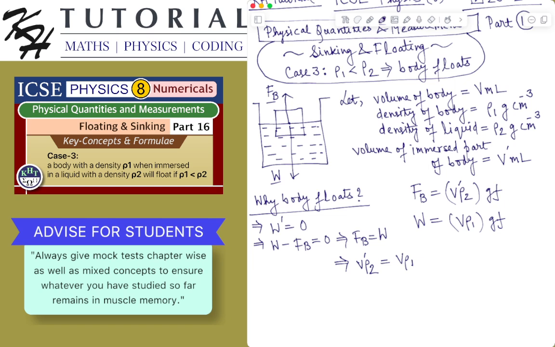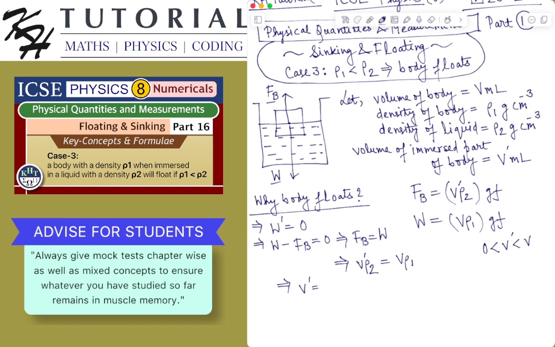Now, can this be true, when we know that ρ1 is less than ρ2? And of course, V dash is the volume of the partially immersed part. So we must understand that V dash is greater than 0, but it is less than the total volume of the body. Now, what does this mean? If this has to be true, let's see what V dash is.